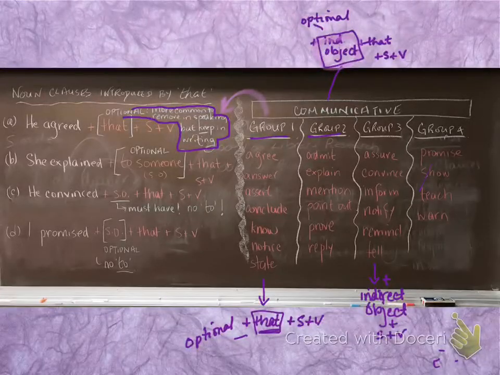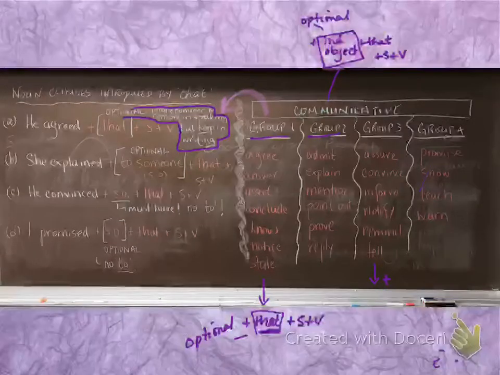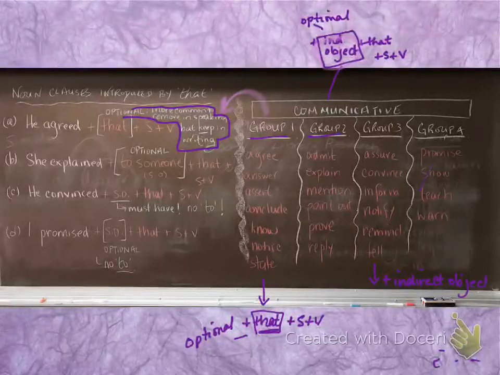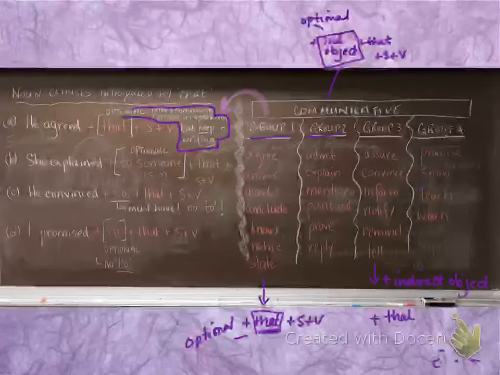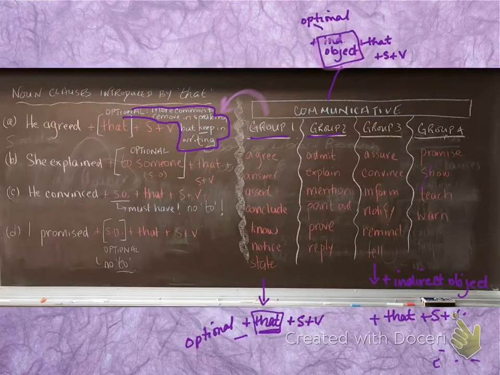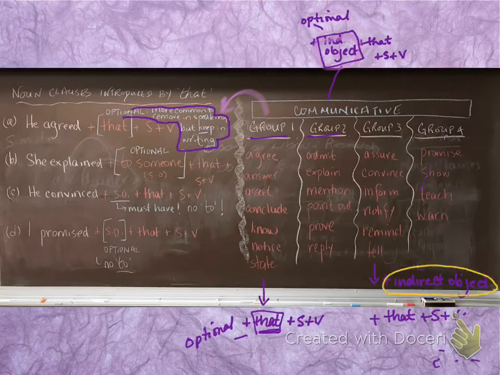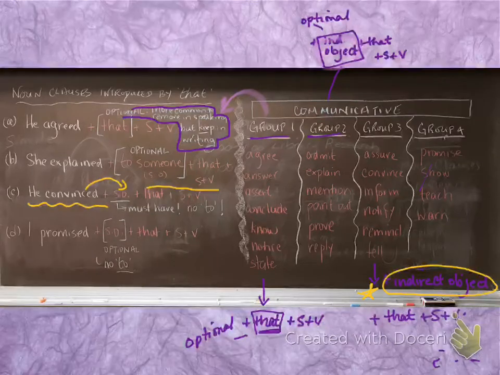Now I have to erase the whole thing. Okay, plus the indirect object, plus that, plus subject, plus verb. And this indirect object, you must have. Okay, we cannot say, he convinced that blah, blah, blah. You have to convince someone that blah, blah, blah.